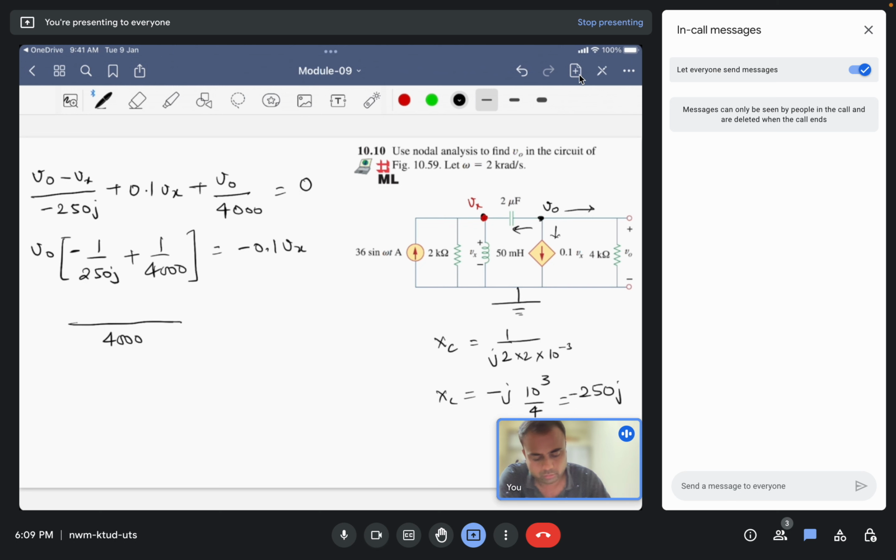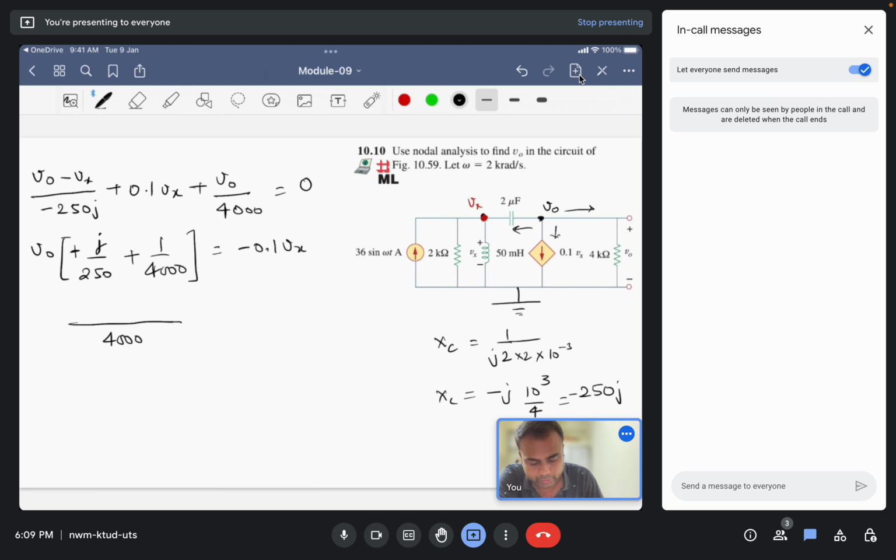So taking the LCM, 4000. Again, we can rationalize the first term here. On rationalizing, we multiply by J in both numerator and denominator, so the J part will get cancelled with the negative. This will become plus J by 250.